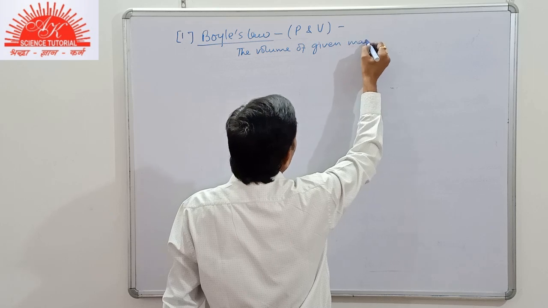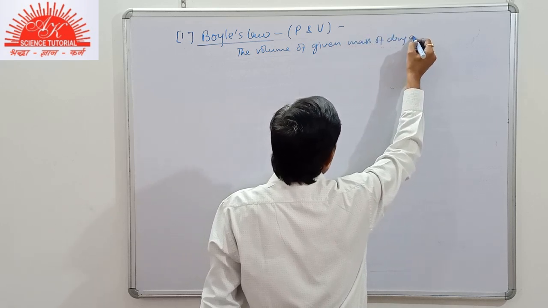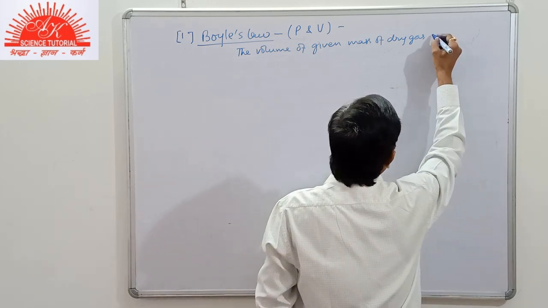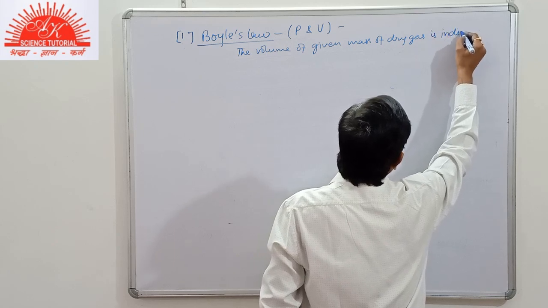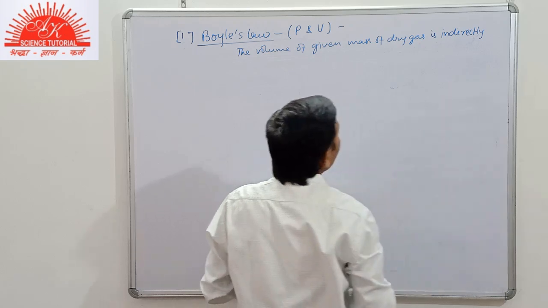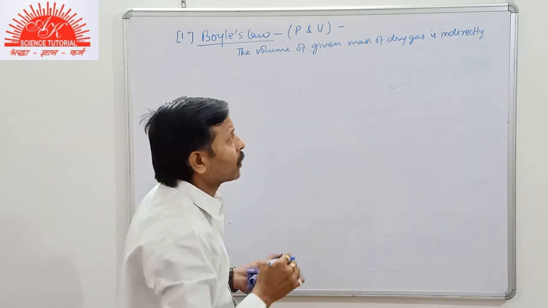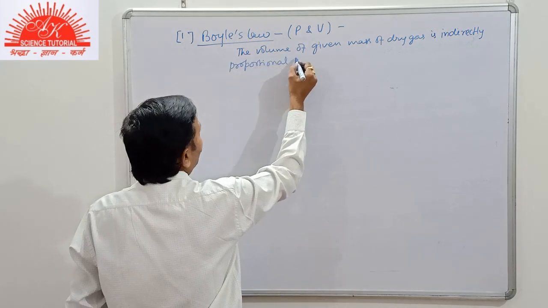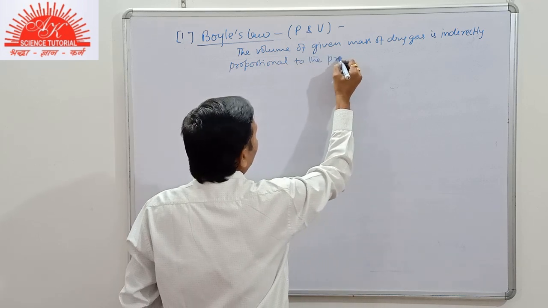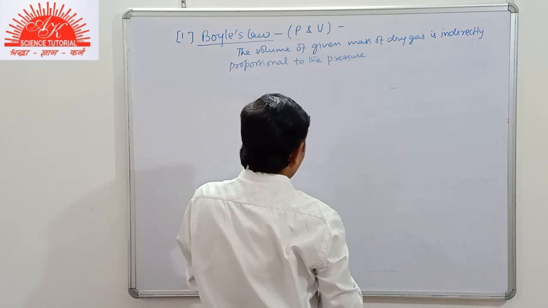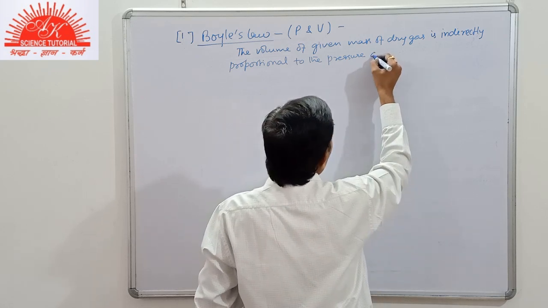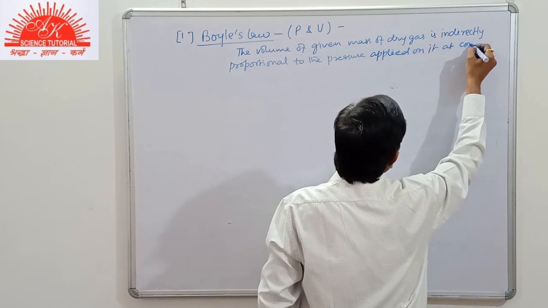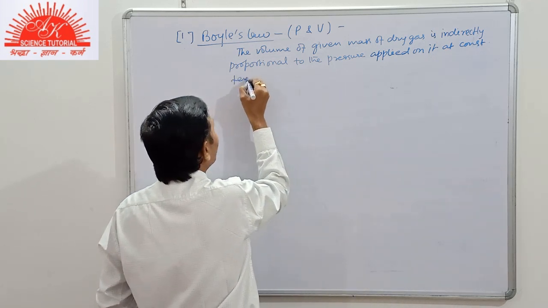a given mass of dry gas is inversely proportional to the pressure applied on it, at constant temperature.